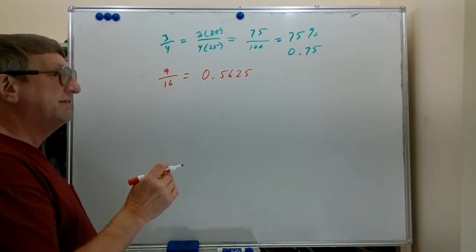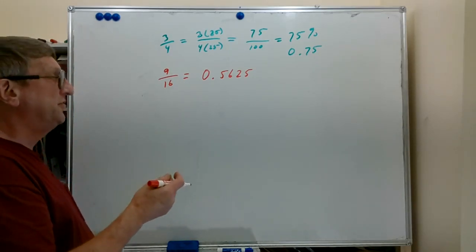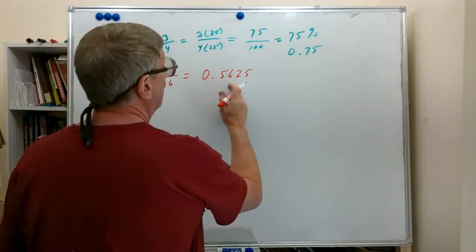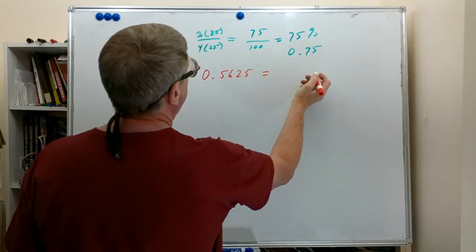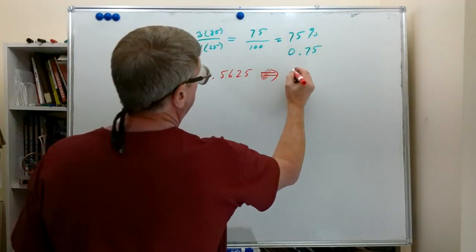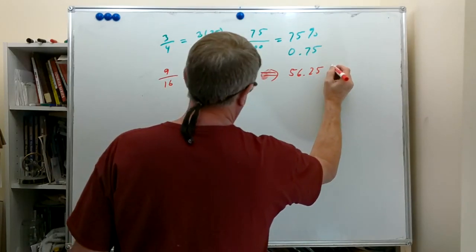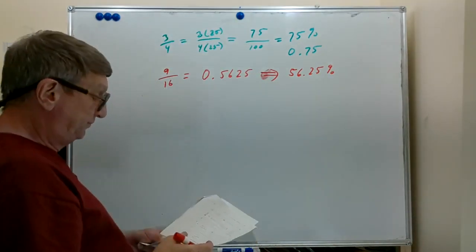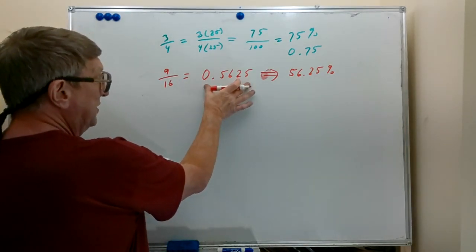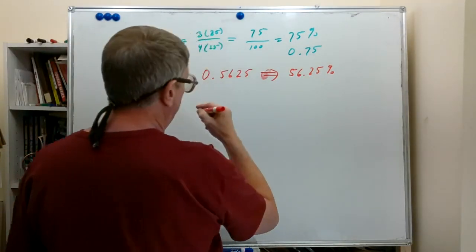And remember, to go from decimal to percent, we multiply times 100, which is move the decimal place 2 places to the right. So when we do that, we end up with 56.25%. So we had a decimal of 0.5625, we have a percent of 56.25.